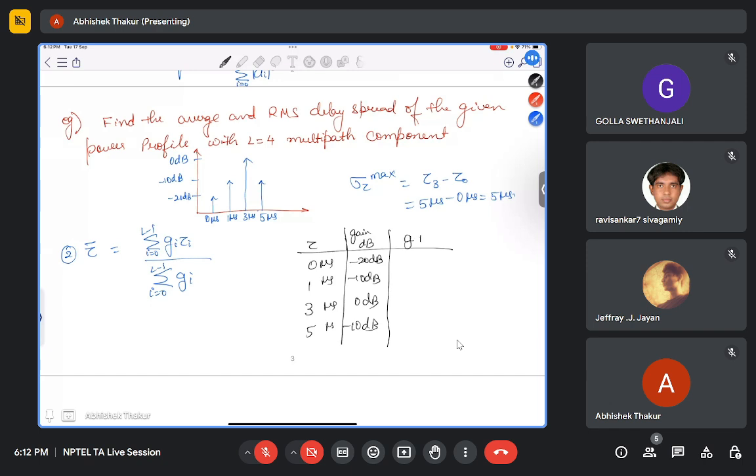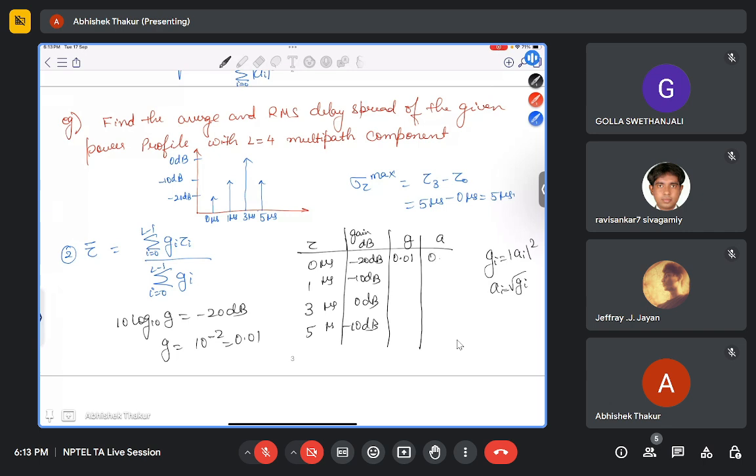So the value of G will be, and here we'll also find the value of A. 10 log 10 G is equal to minus 20 dB, so the value of G will be 10 to the power of minus 2, that will be 0.01. Basically gi is the mod of ai square, so ai will be the square root of gi.